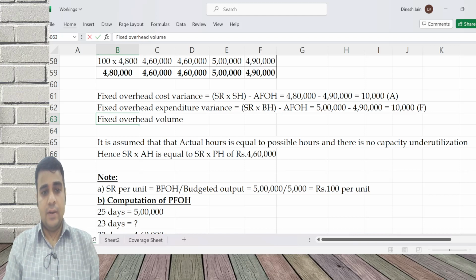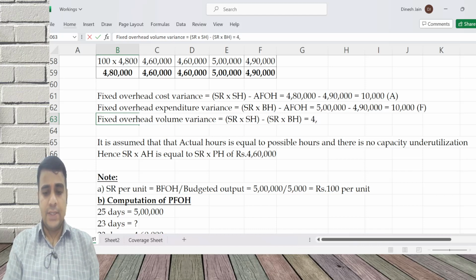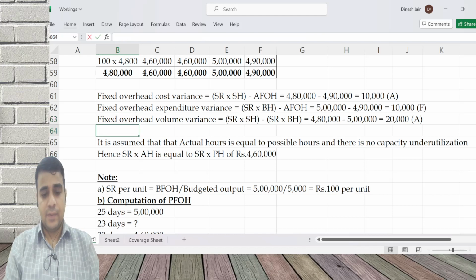Fixed overhead volume variance is SR into SH minus BFOH, or technically SR into BH. 480 minus 5 lakh. 20,000 adverse.